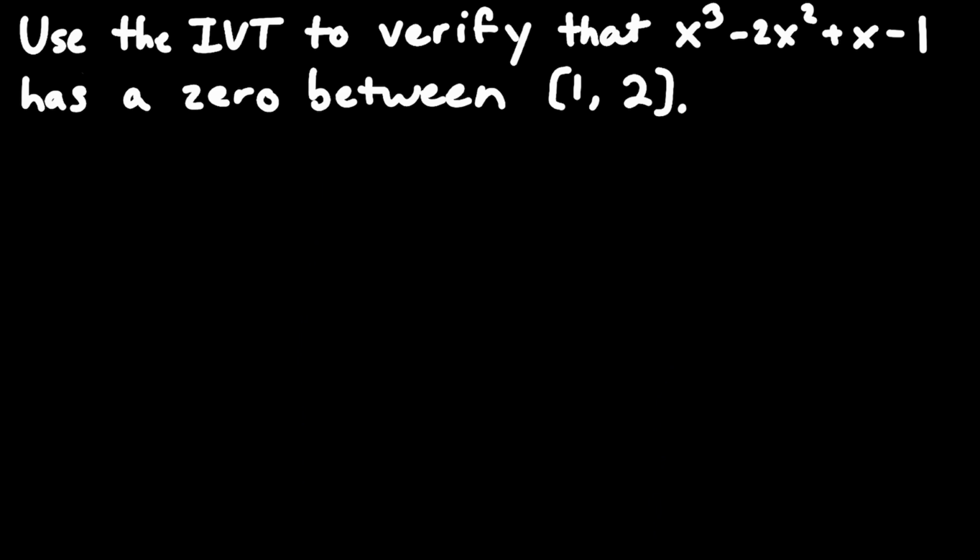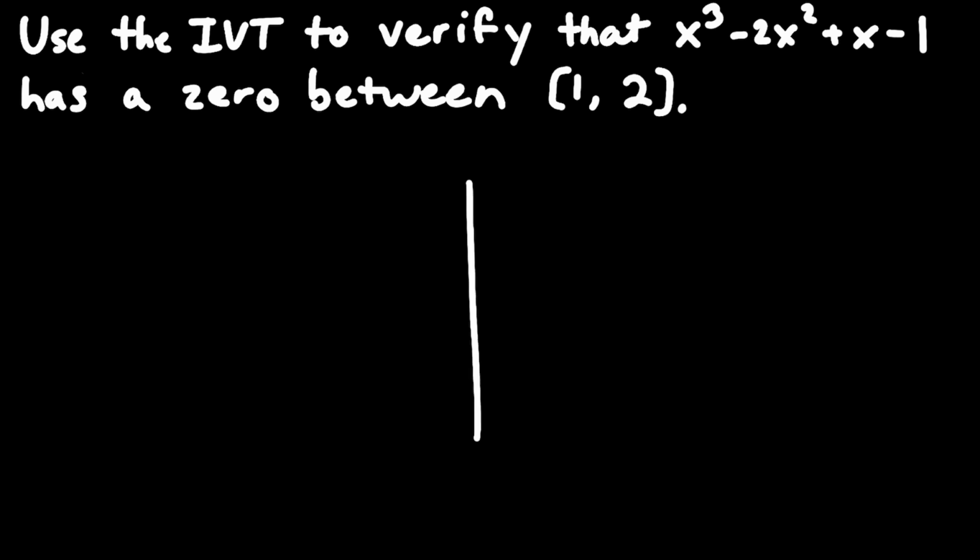So we're going to apply this to a problem which asks us to use the IVT to verify that x cubed minus 2x squared plus x minus 1 has a 0 between 1, 2. So first of all, we want to check that this function is continuous on the interval 1, 2. Because if it's not, then we can't even use the IVT in the first place.